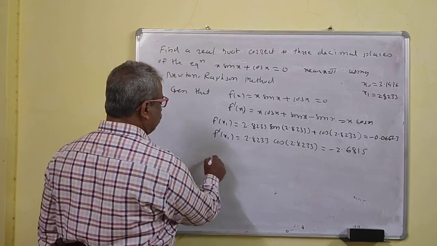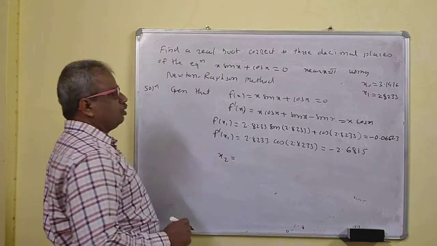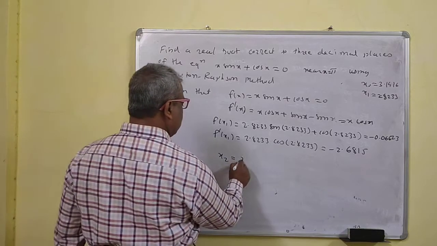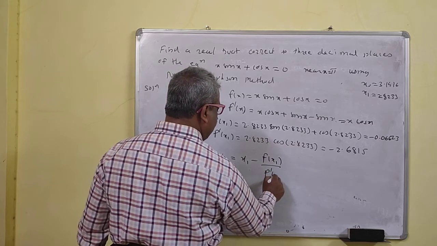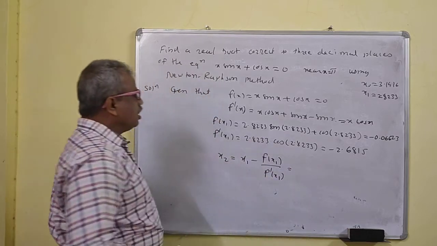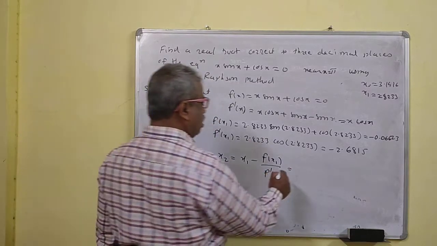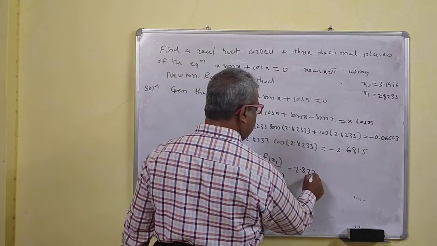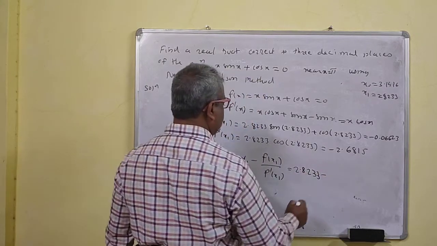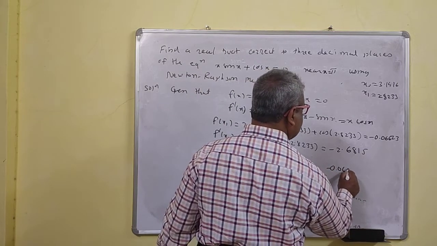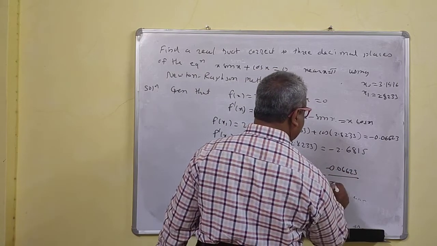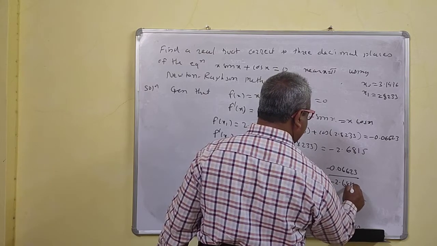So your next approximation is x2, which is x1 minus f of x1 upon f prime of x1. Very simple formula. What is your x1? It is 2.8233 minus 0.06623 upon minus 2.6815.